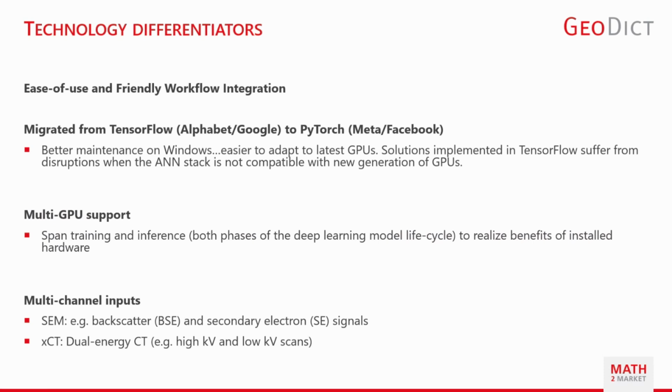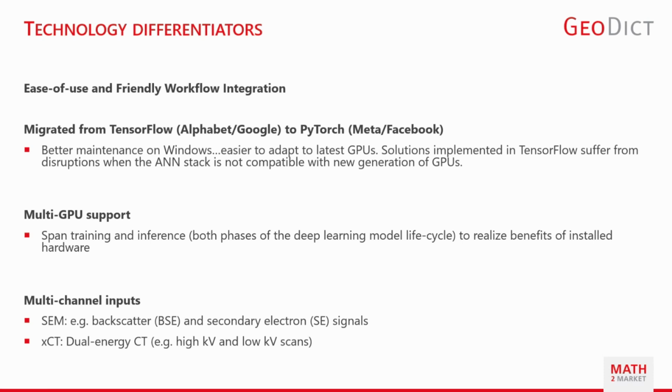Now, the next point is a bit esoteric, but it's a huge benefit. Our team has migrated from one solution technology, the Alphabet Google TensorFlow stack, to the Meta Facebook PyTorch stack. What this means for end users is you're able to leverage multiple GPUs and the latest GPU hardware, and not have the software be out of date or unable to support the latest hardware.